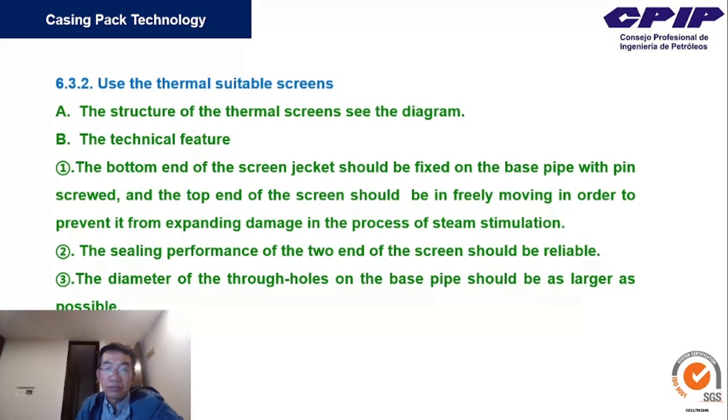The sealing performance of the two ends of the screen should be reliable, and the diameter of the through holes on the base pipe should be as large as possible.